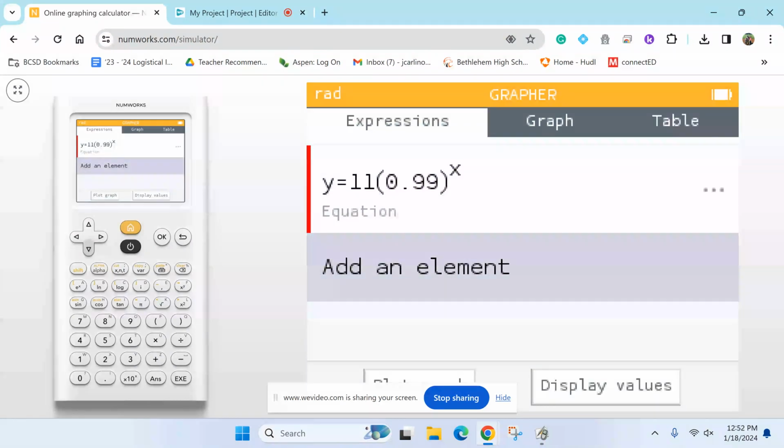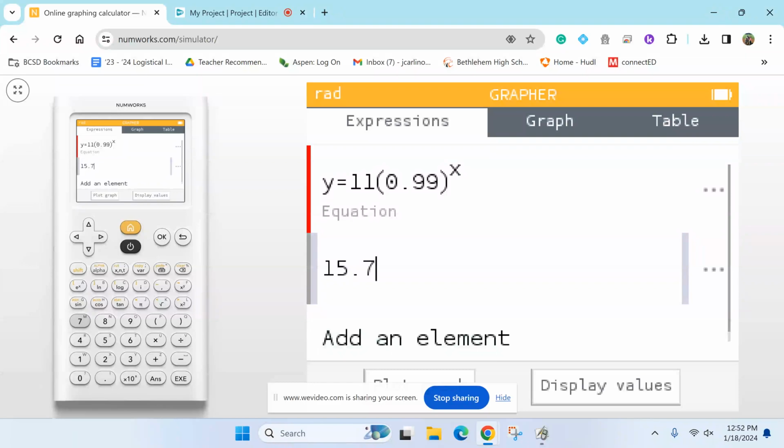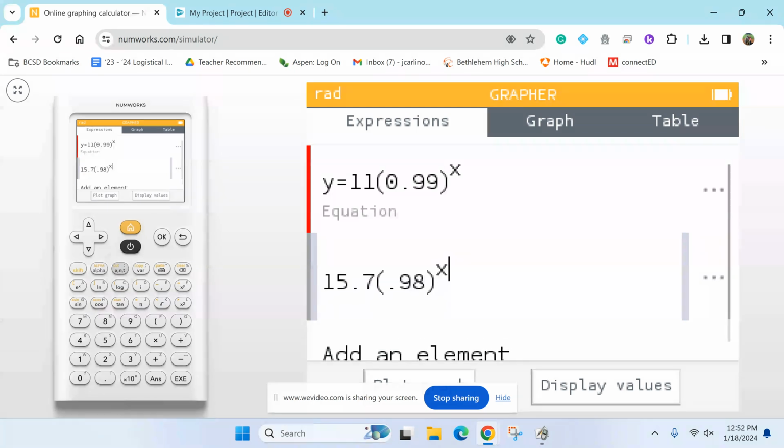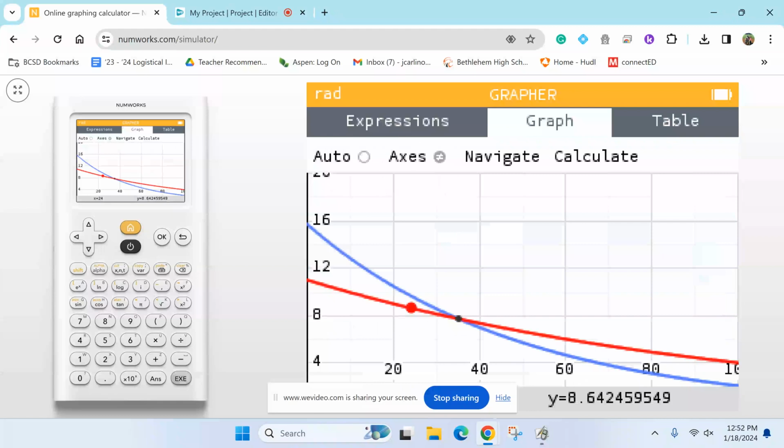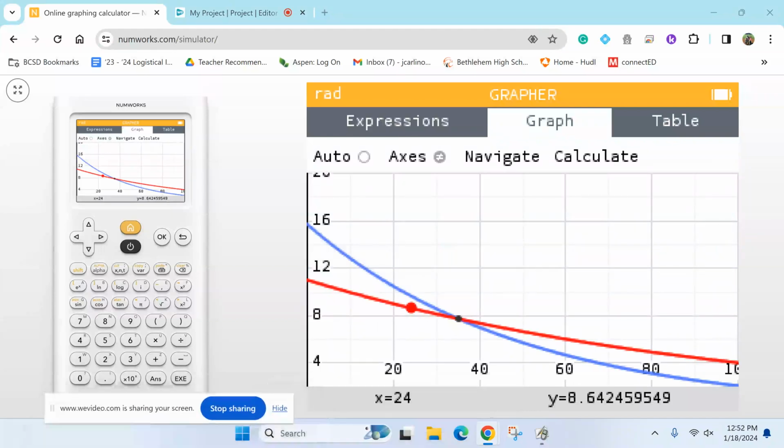So add another equation, which is if you already have the other one deleted, type it back in. Okay, graph. Yep, so you got both there. Now you have a calculate screen. Okay, calculate.